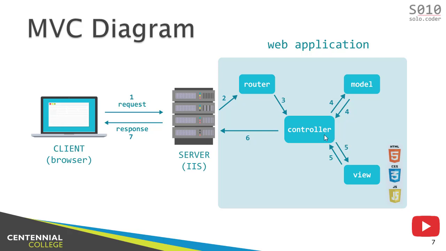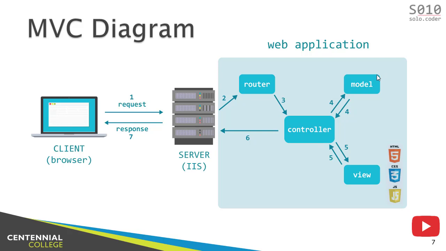Okay? Now, with that request, maybe the controller needs some data. Maybe the client is requesting, for example, the information of student 310. So the controller says, okay, I need data. Where do I find data? The model is the one responsible for data.